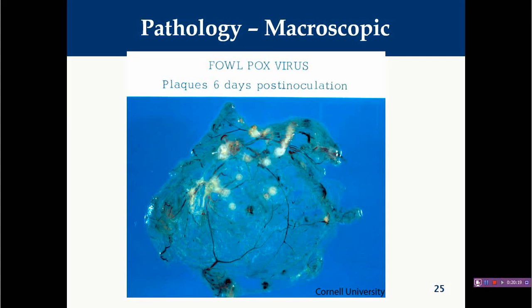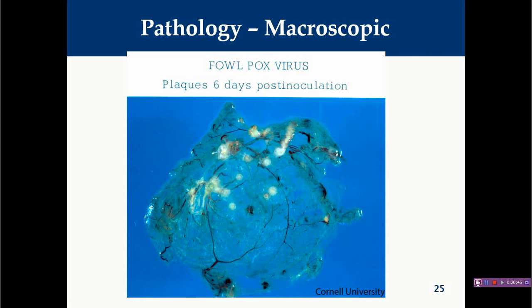As we have already discussed, such lesions have a center area which gets depressed due to necrosis, and the surrounding area shows proliferative lesions. Such lesions are known as pock lesions, and they are generally found in the chorioallantoic membrane of the embryonated chicken's egg.